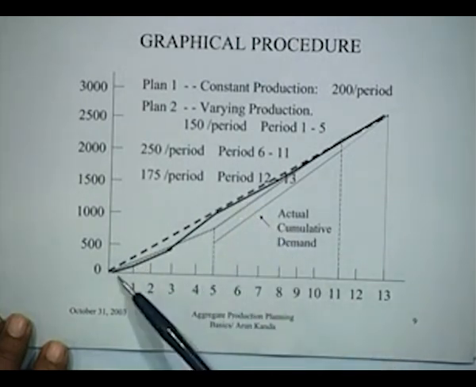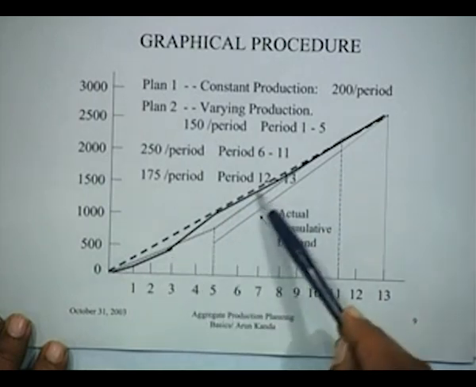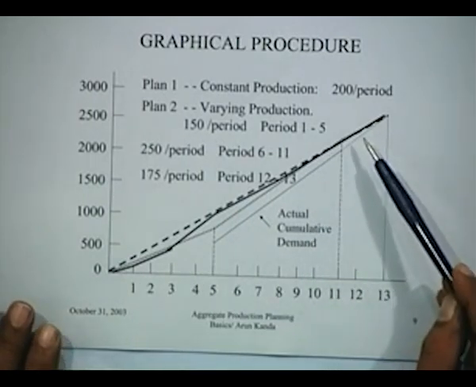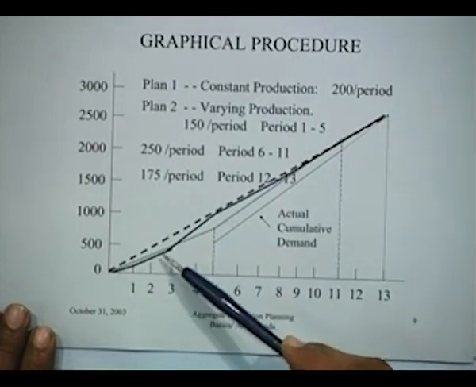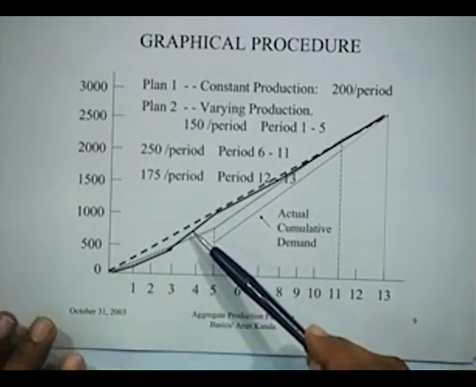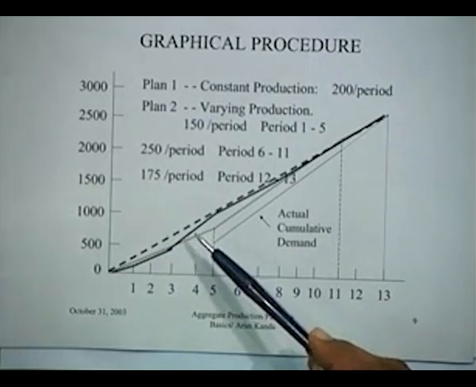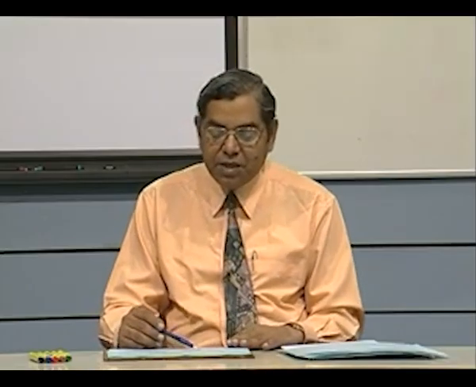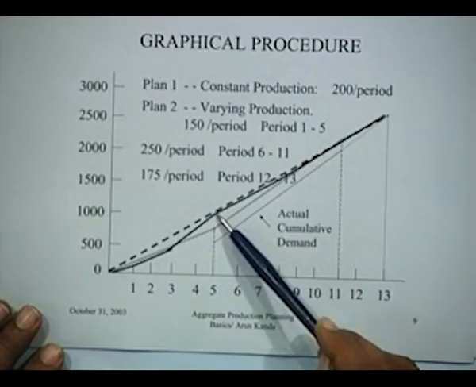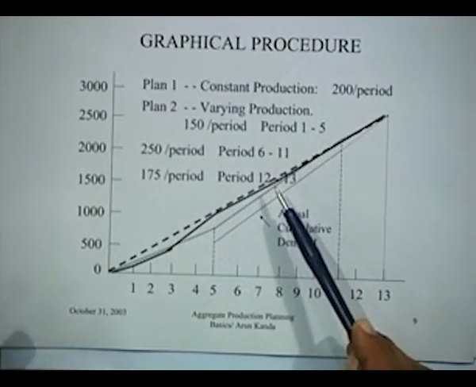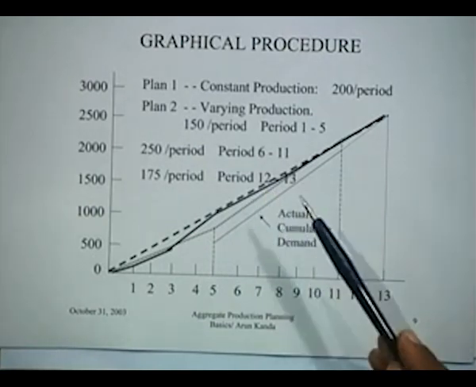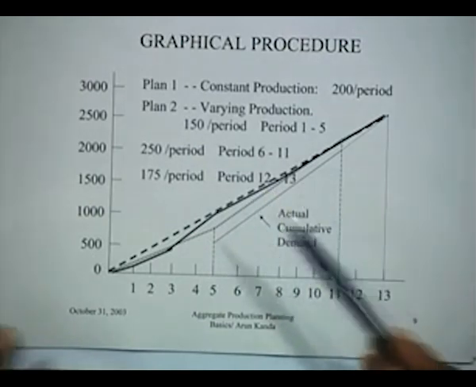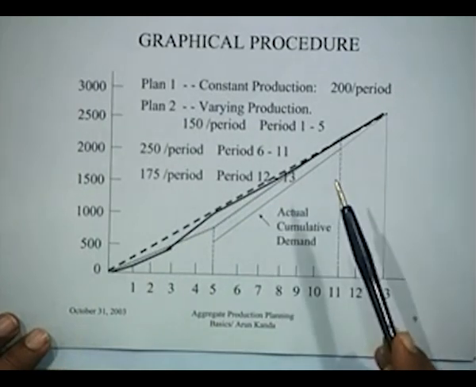So, you would not have to carry any inventories, you would not have to incur any shortages, but you will have to change production every period, because you are chasing the demand. It is actually a chase model, and when you are chasing the demand, every time you change the period, there is a cost involved. This cost could be through hiring and firing, or by varying production rates, or whatever it is, in various ways.